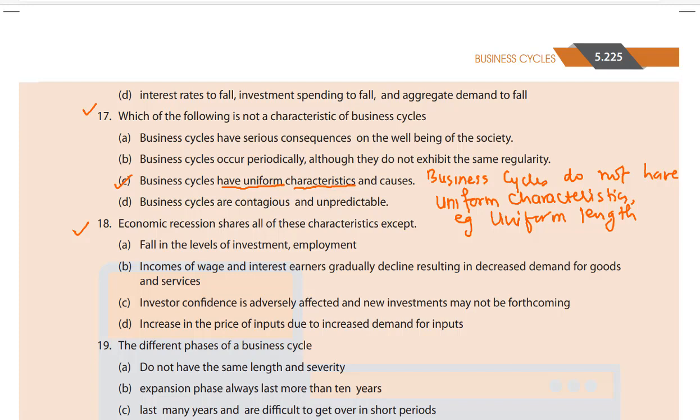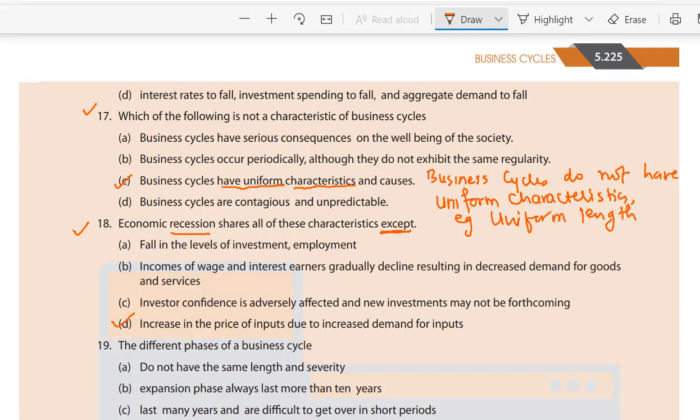D. Increase in the price of inputs due to increased demand for inputs. It is D, because in case of recession there is a decrease in the demand for inputs, and over here it is written increase in the demand for inputs. I believe you understood.